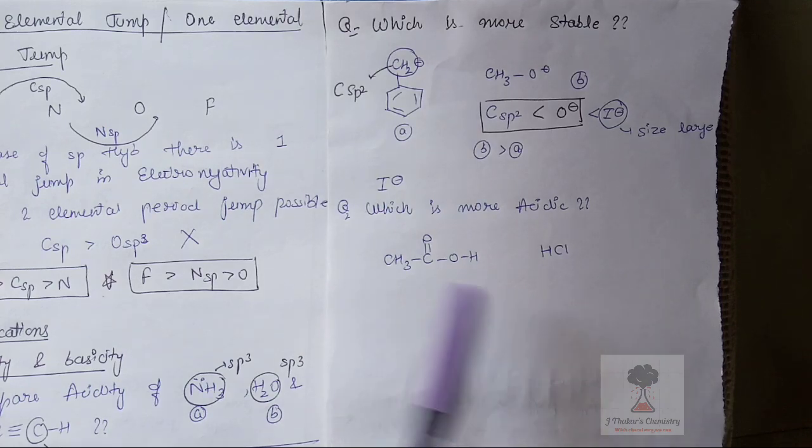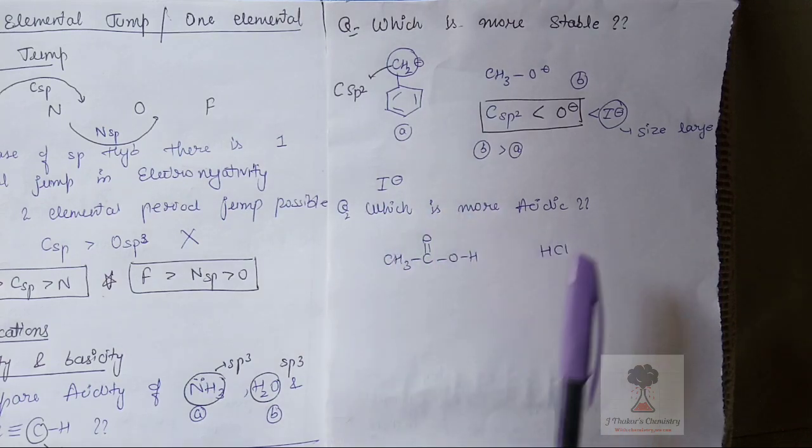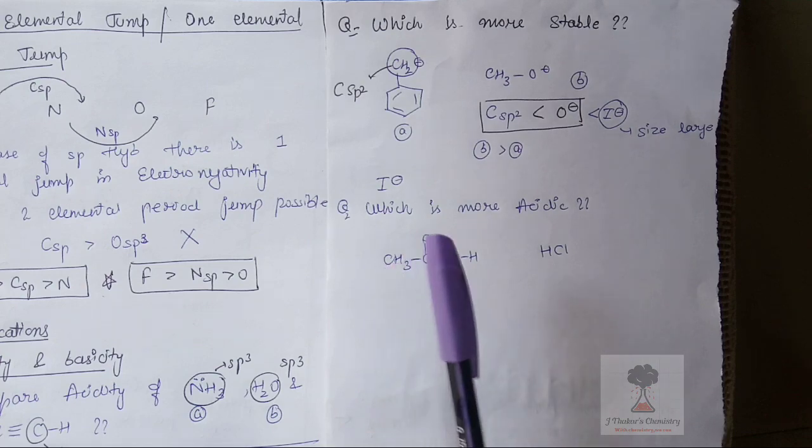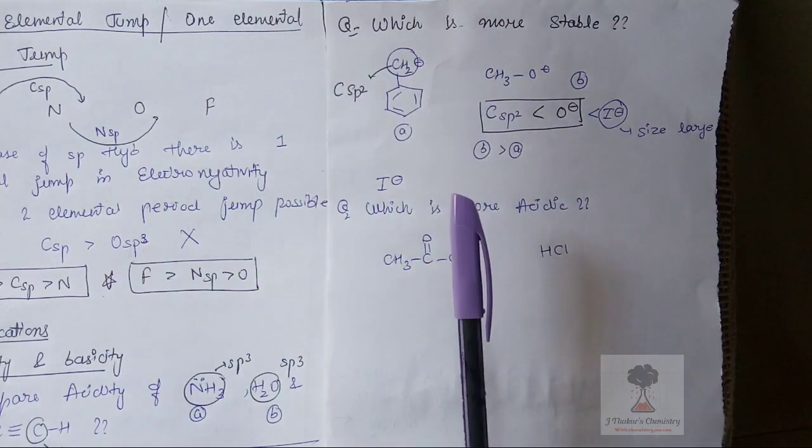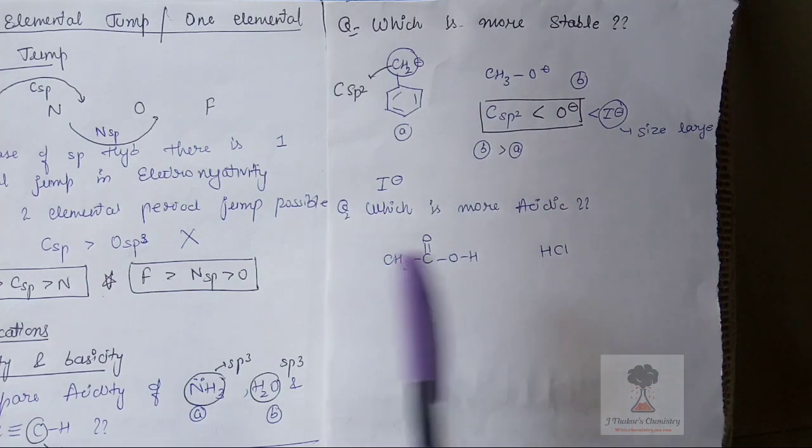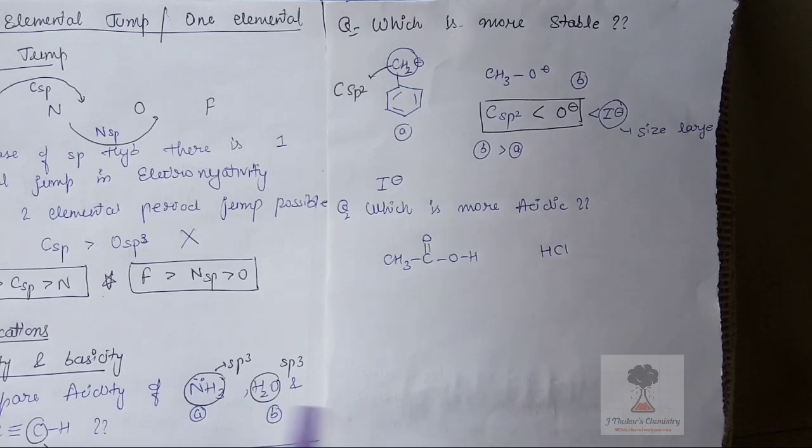Our next question is which is more acidic? Orally, we know that HCl is more acidic than other acids like acetic acid. To check the stability or acidity of these two acids, we apply the elemental electronegativity principle.